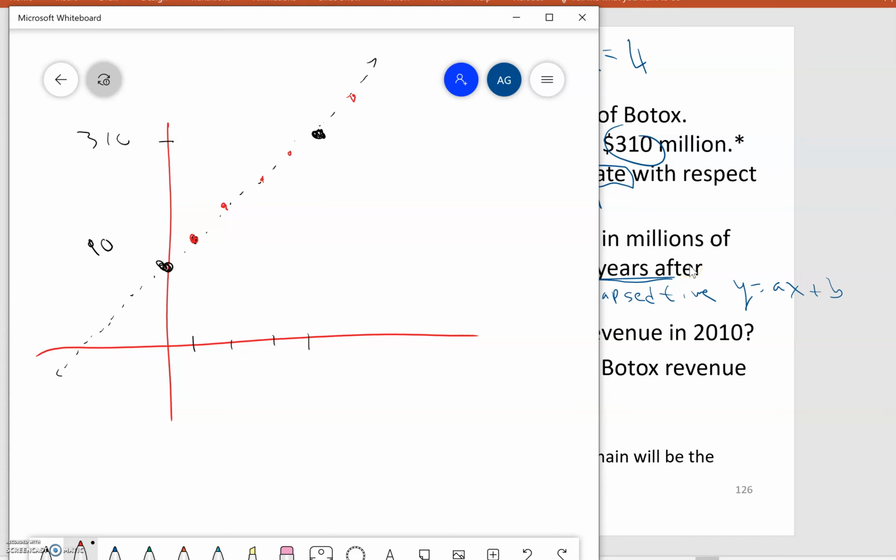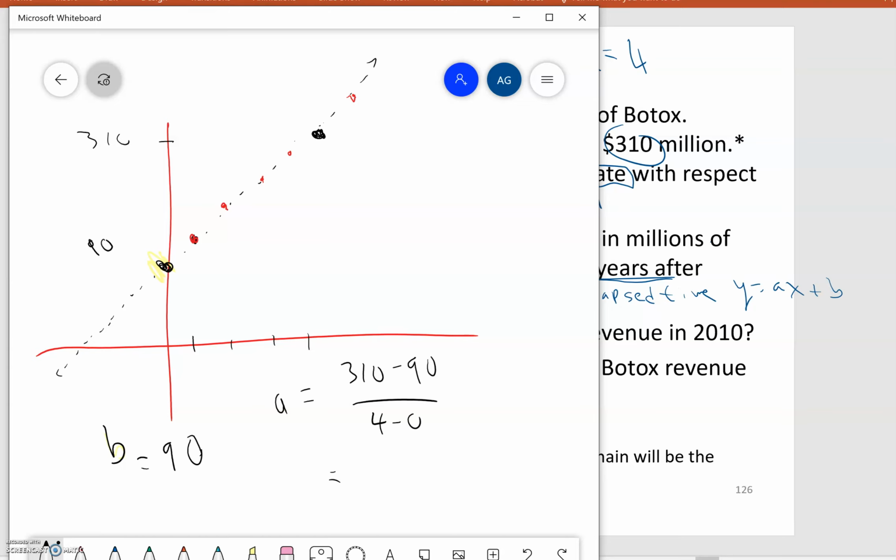I need to find this. I have the y-intercept. That's my b value right there. That's b. So b equals 90. But my slope is going to be 310 minus 90 divided by, what's my time? 4 minus 0, right?